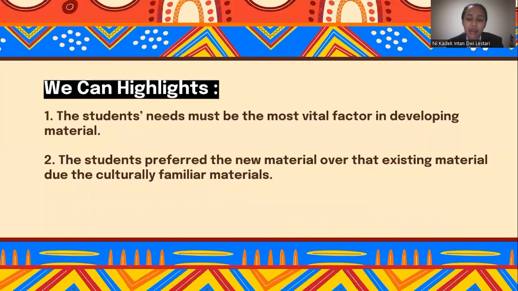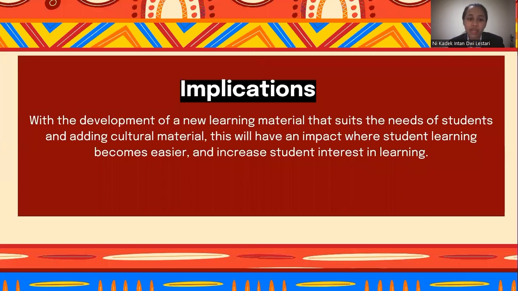So from that, we can highlight two things. The first one, the student needs must be the most vital factor in developing material, and the students prefer the new material over the existing material due to the culturally familiar materials. So from that, we got the implication.